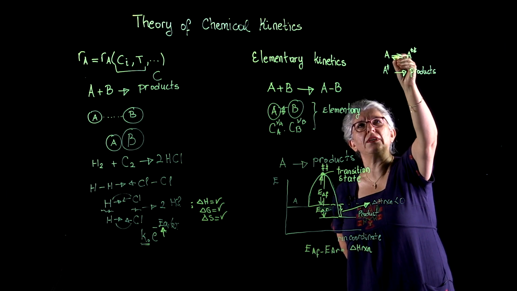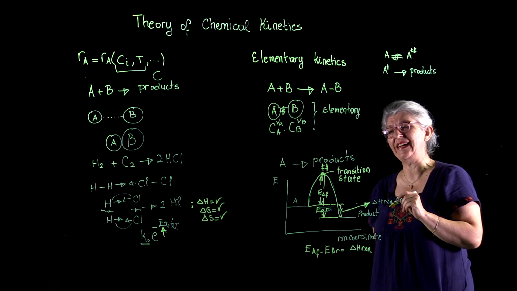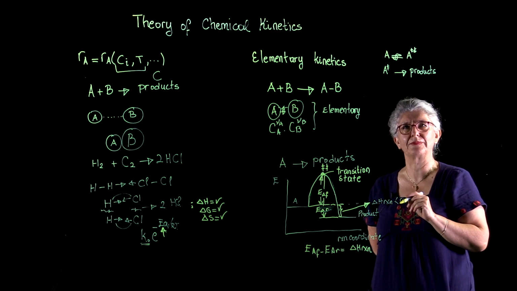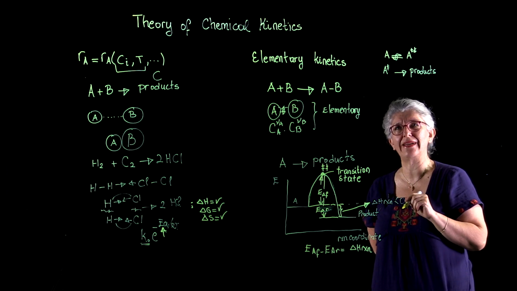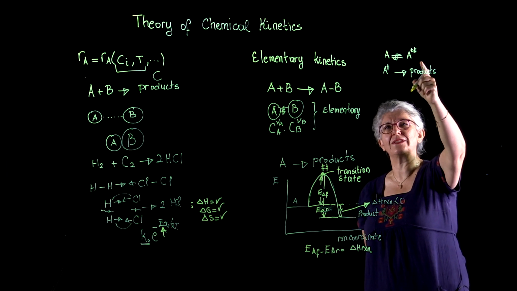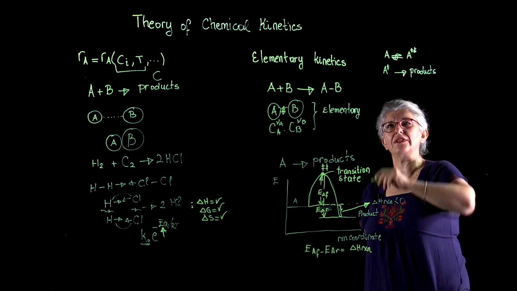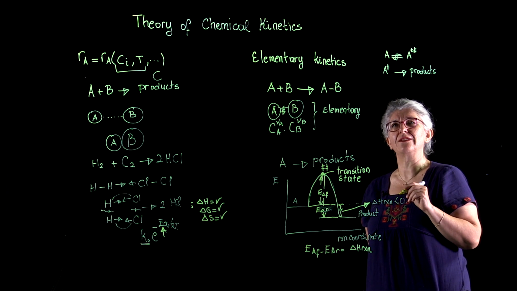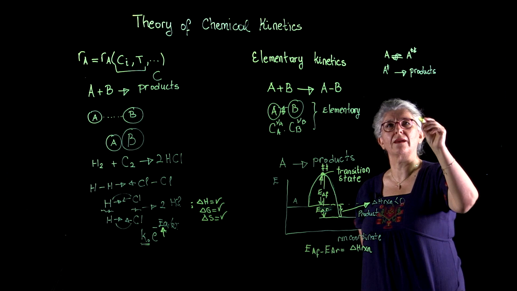Now let me put a circle here to indicate that A and its transition state are equilibrated. We're going to go back to the concept of equilibrium and discuss this further. However, let's just use this concept of equilibrium to understand what is going on between A and its transition state.